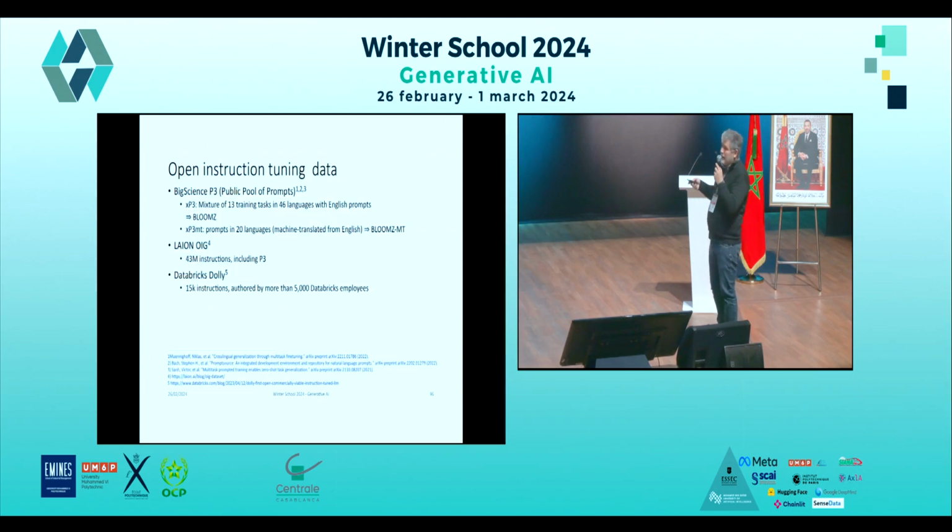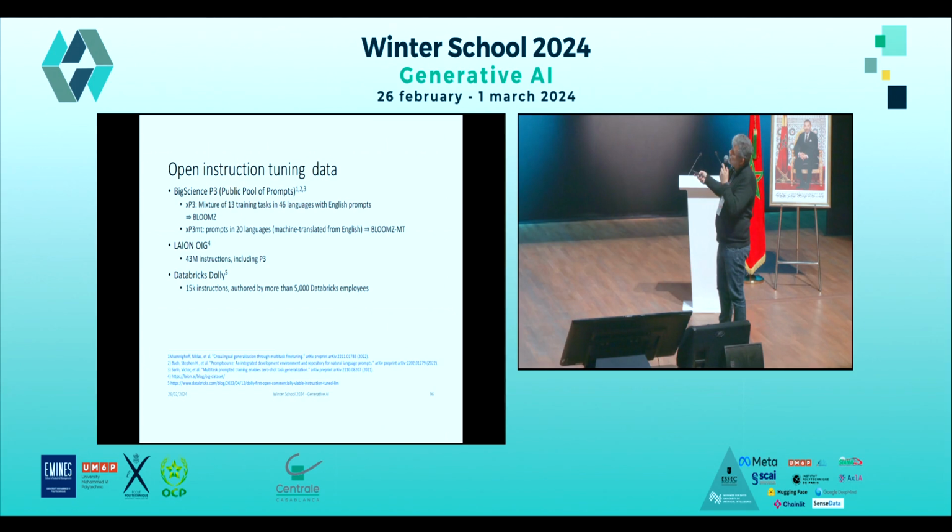Then it is not enough to have only pre-training data, but we need also instruction tuning data, which is very expensive to get because they are arising from human labeling, which is expensive and hard to get. So we have these 3 data sets of multi-language and English prompts. Bloom is an important provider of such instruction data.